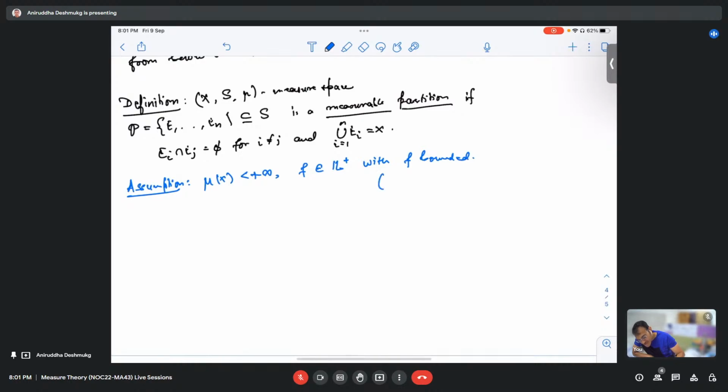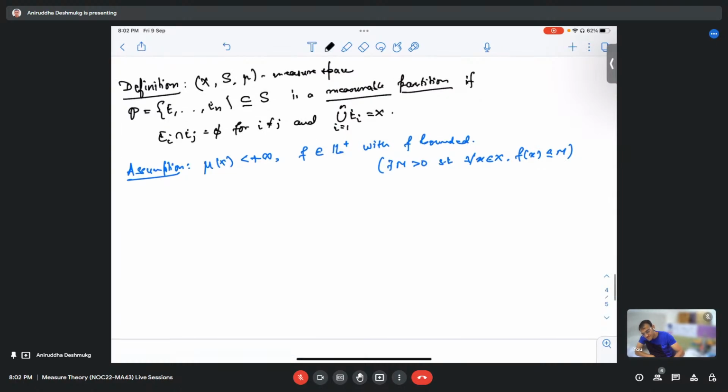Bounded means there is some capital M such that mod f(x) is less than or equal to M for any x. It will be clear why we require it, but for the time being, let us just assume that the measure is finite and f is a bounded measurable function.